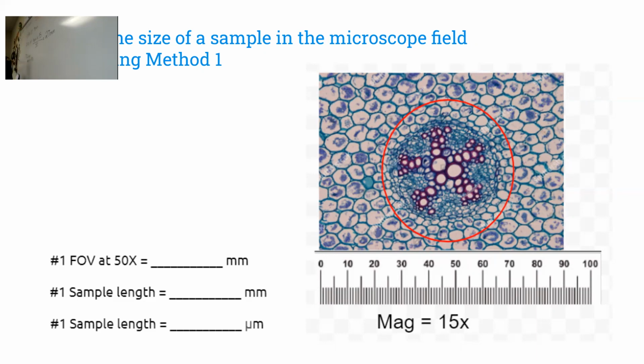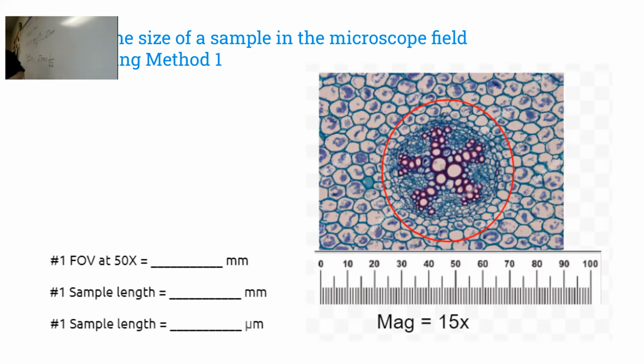So what's my equation that I use? 27, our field of view, 27 millimeters times what fraction? 1 over 2.2, because I know that 2.2 would fit, but I only want to measure one of those 2.2, right?